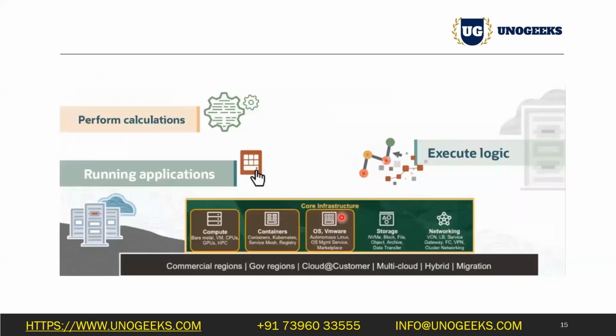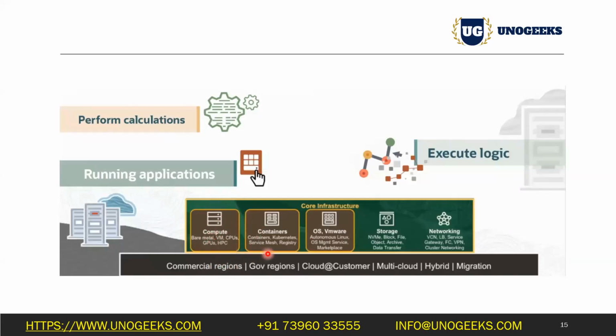So core infrastructure is nothing but the compute servers. So these are the servers which are the bare metal servers or the virtual machines, the CPUs, the GPUs or HPCs. So these are the compute servers, which act as the core primitives.